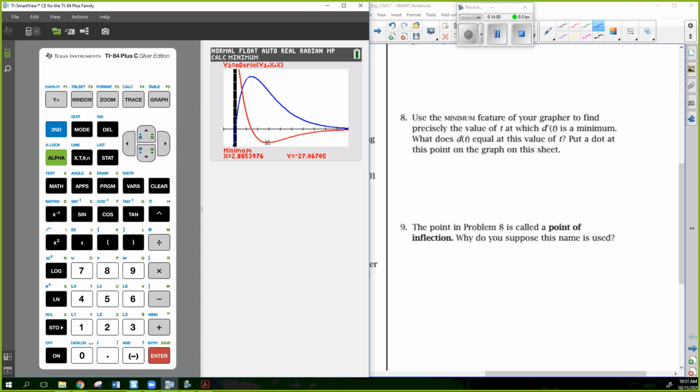I want to know what that lines up with on the original. Okay? So again, at home, I know it's going to be really hard because you can't see the little line I'm drawing, but I'm going to put a point and then try to go straight up from there. Okay?